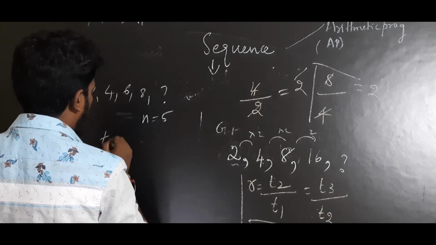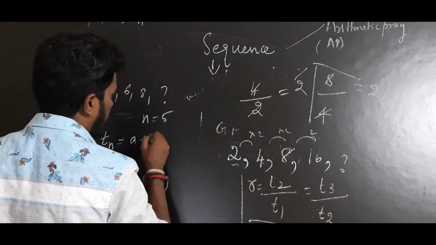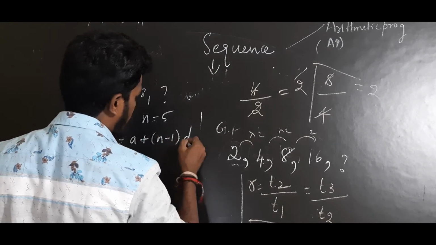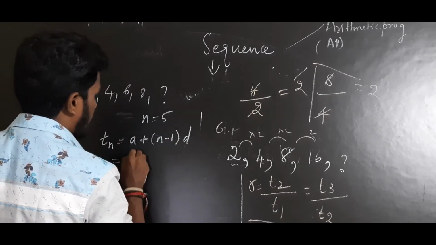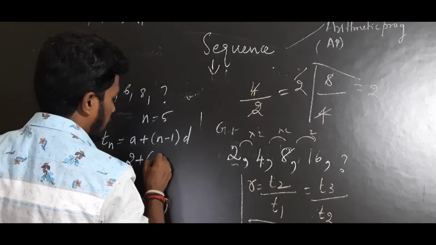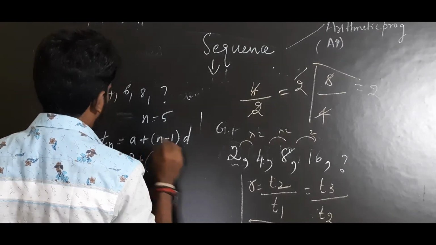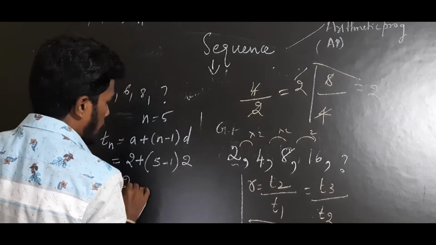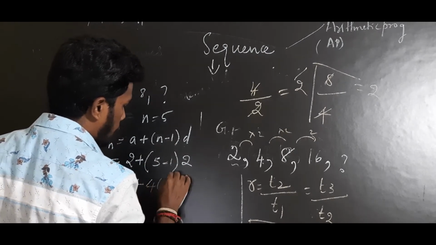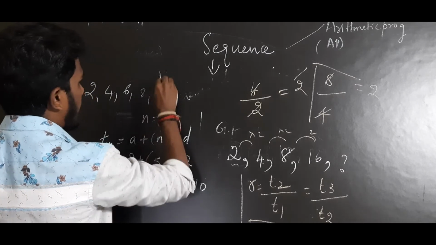So we have a formula, T of n is equal to A plus (n minus 1) times D. A is my first element, 2, plus n is 5, minus 1, times the common difference we found as 2. So 2 plus 4 into 2 gives you 10. So the next element will be 10.